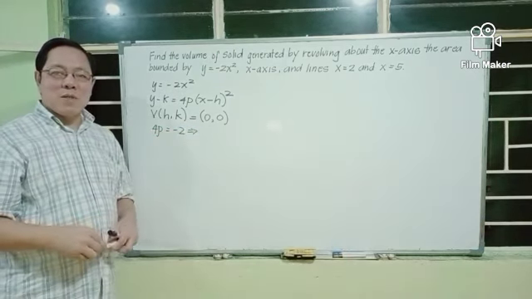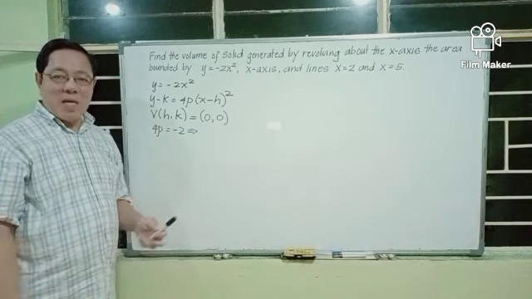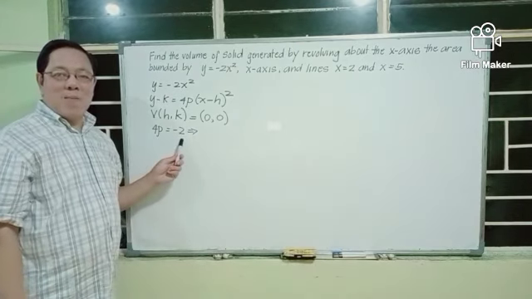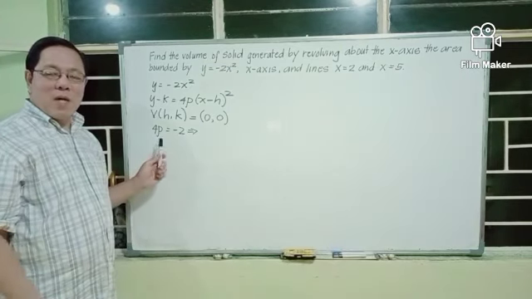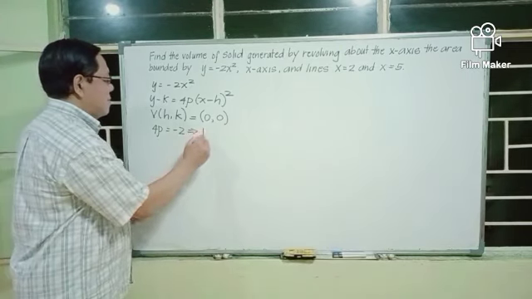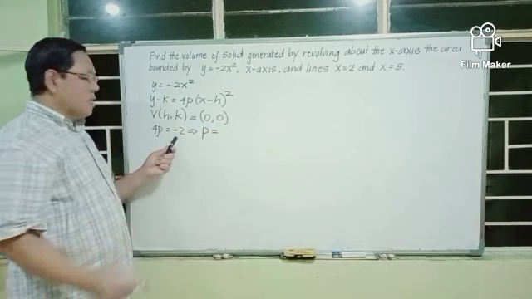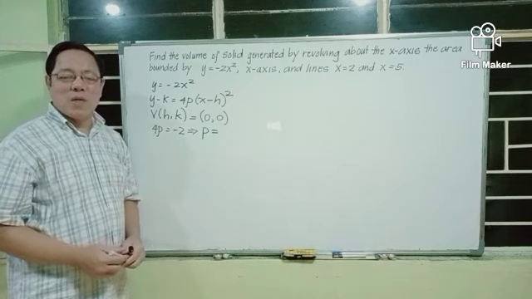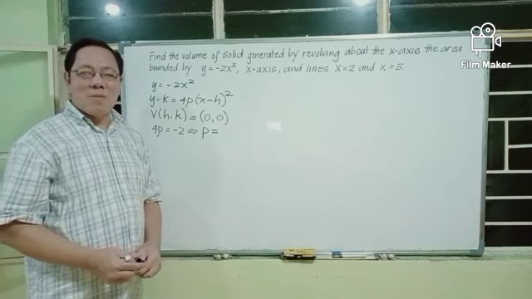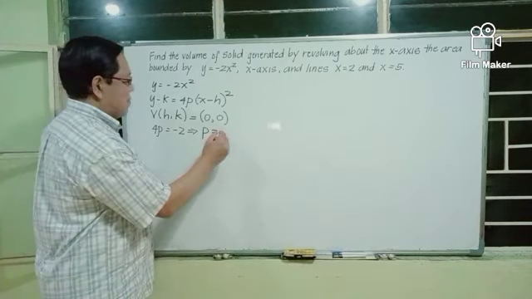Solving for p by dividing both sides by 4, 4p divided by 4 equals p, which equals negative 2 over 4, or in lowest terms, negative 1/2.